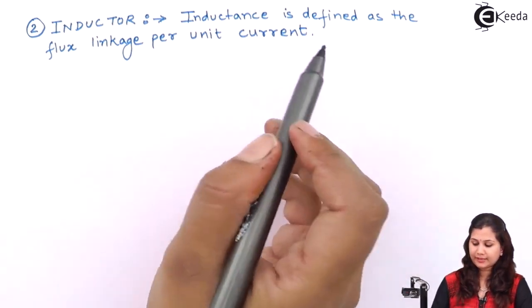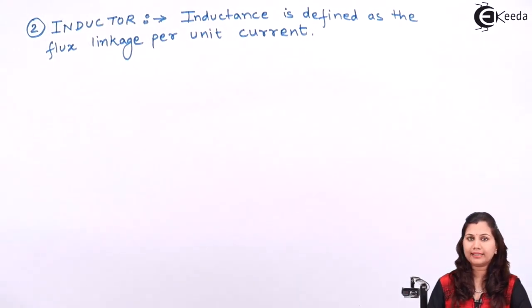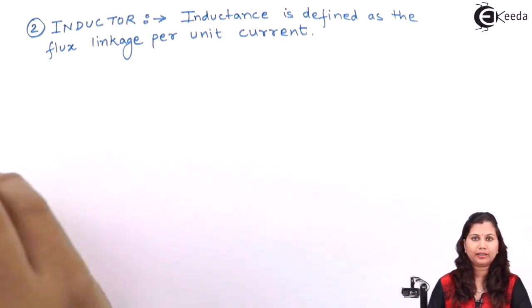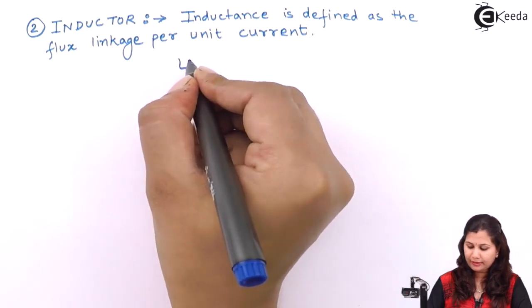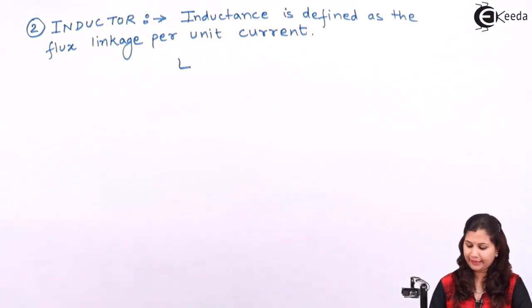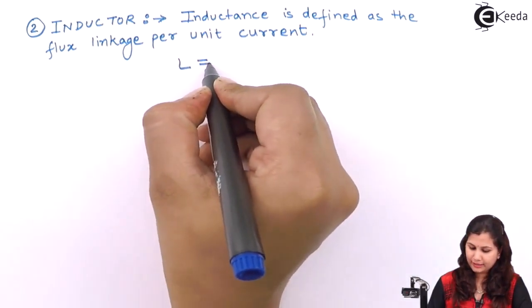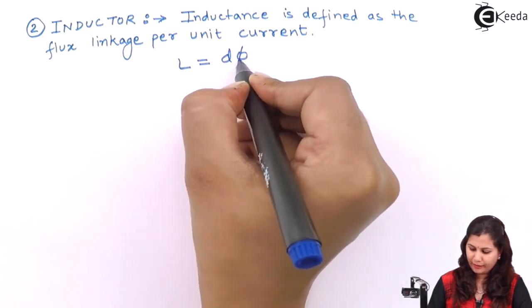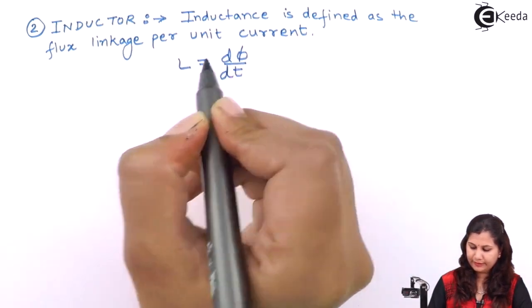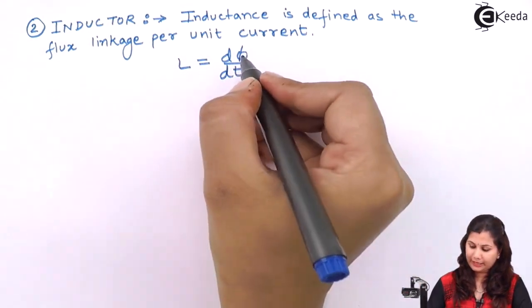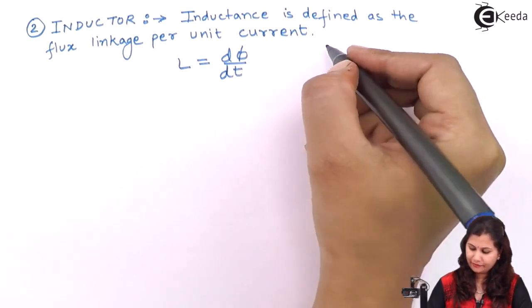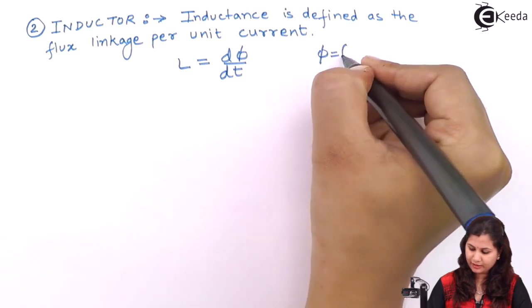Inductance is defined as the flux linkage per unit current. Let's denote this inductance by L, and L is equal to d phi by dt, where phi is the flux.